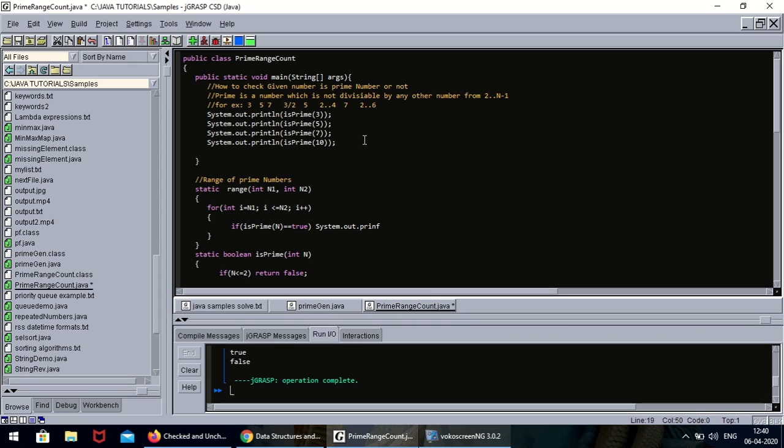Or you can use printf, percentage d is prime.